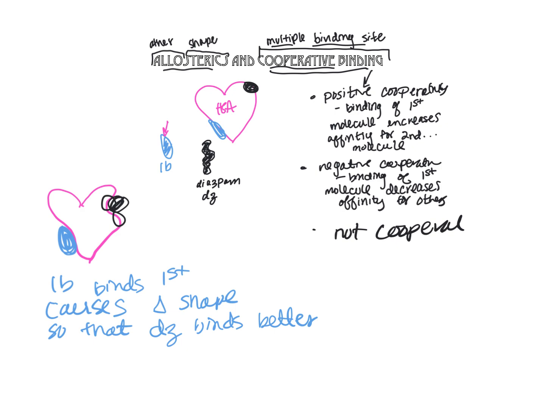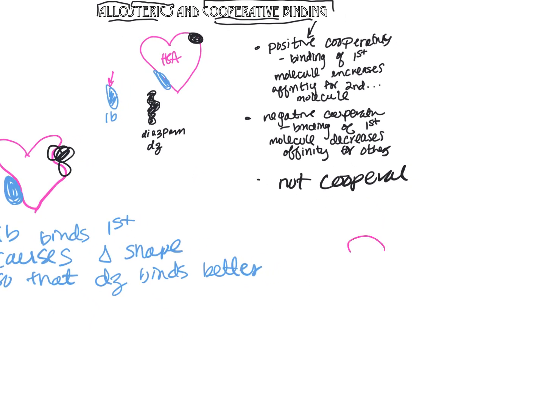Okay, in another case for negative cooperativity, let's say that ibuprofen comes in and binds first and causes a change in shape so that the diazepam just cannot reach the non-covalent interactions, cannot reach the amino acids that it was interacting with.